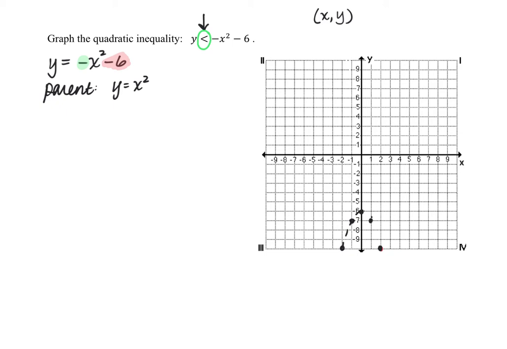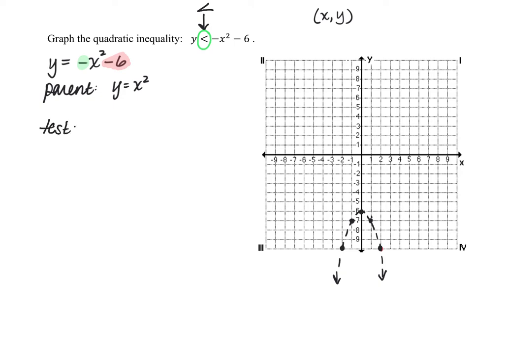The biggest mistake that I see made is students that get in a bit of a hurry and just want to connect the dots. But on an inequality, we have to look at that inequality. And because this is a less than, it's not less than or equal to, we're not going to include the points that actually lie on the parabola. As I mentioned before, there's an infinite number of coordinates that will make this inequality true.